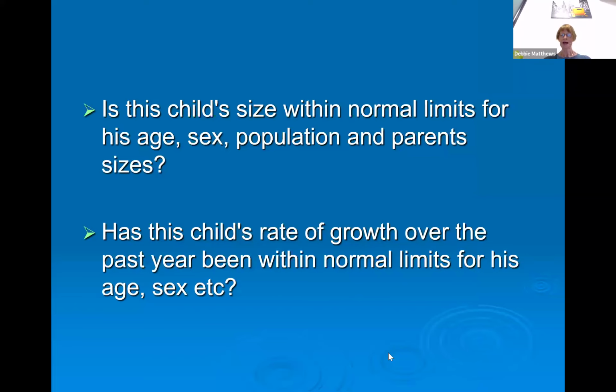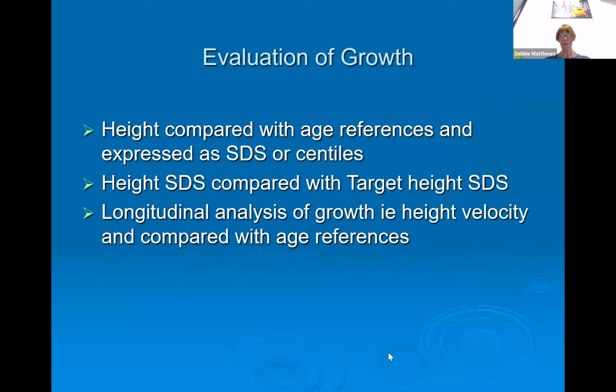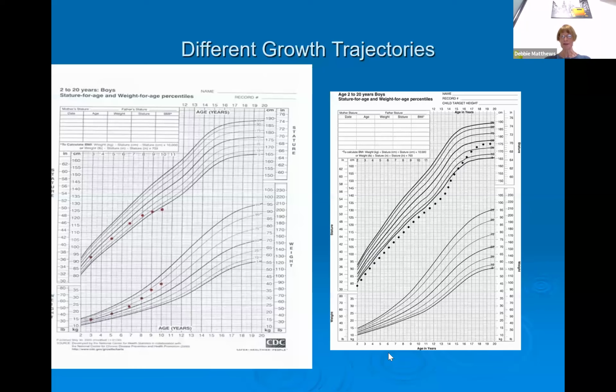And then secondly, has this child's rate of growth, so how fast they're going over the past year, been within normal limits for his age, sex, etc.? And we do this by comparing the height with the age references and using our centile charts and comparing those height standard deviation scores with the target height standard deviation scores, probably seen more easily visually on those charts. And then longitudinal analysis of growth, i.e. the height velocity, is taken and once again can be compared with age references.